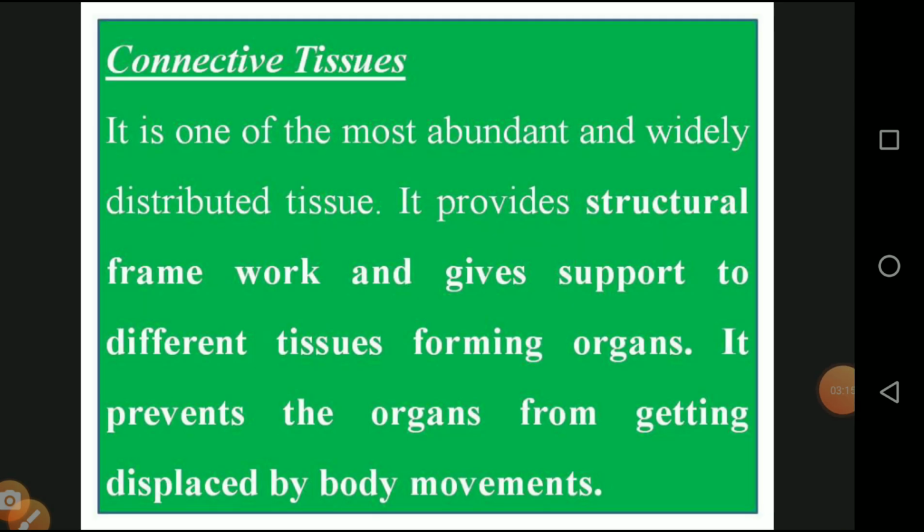It prevents the organs from being displaced by body movement. While we are walking and running, all the body cells and organs stay in their particular places and do not dislocate. All these things are done only by connective tissues.